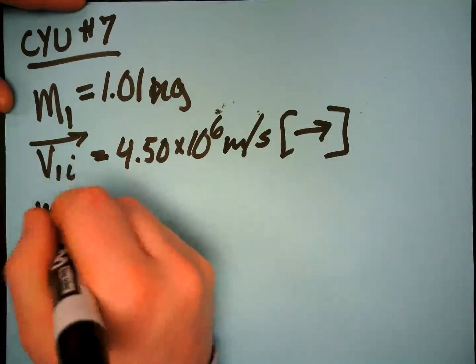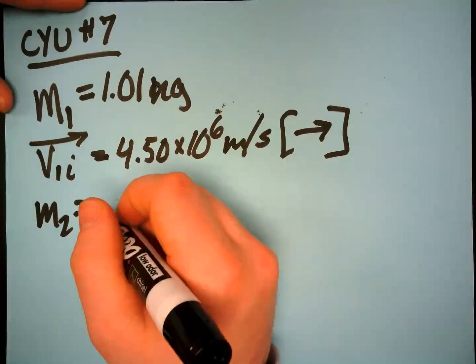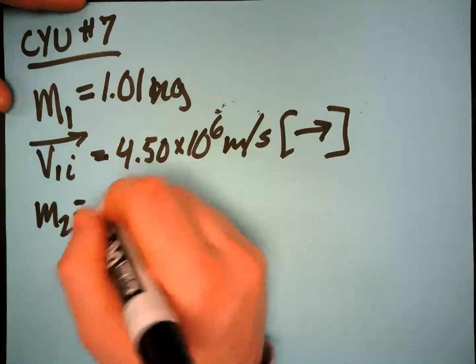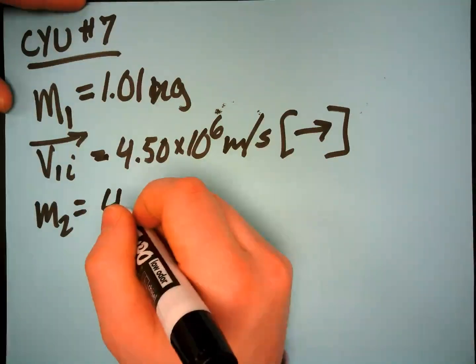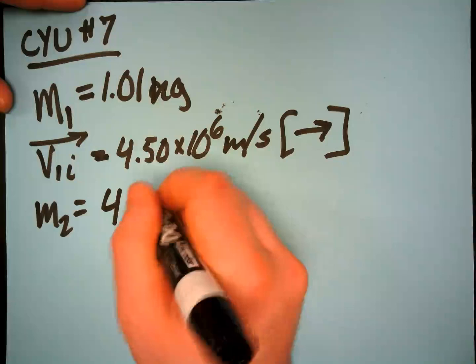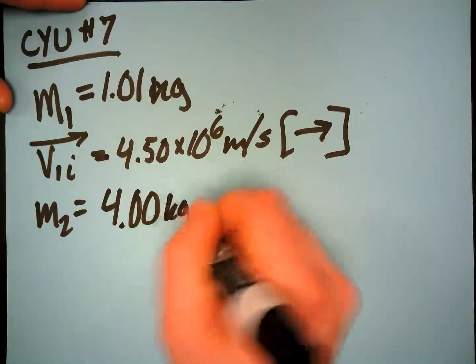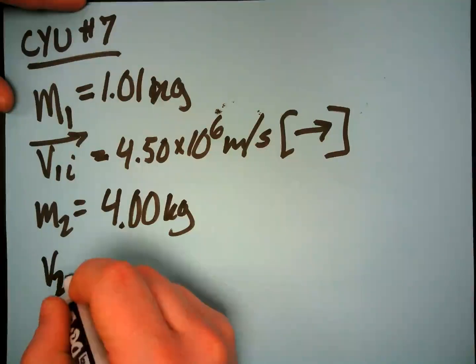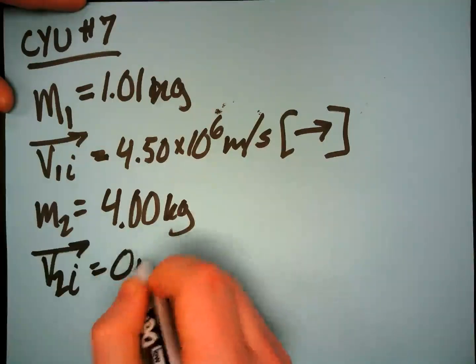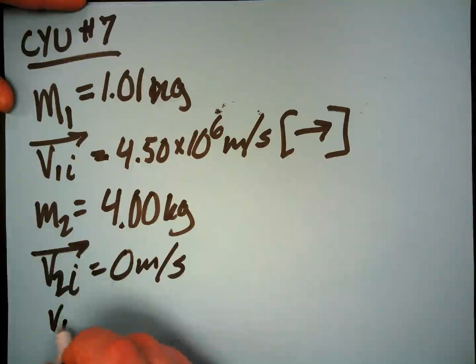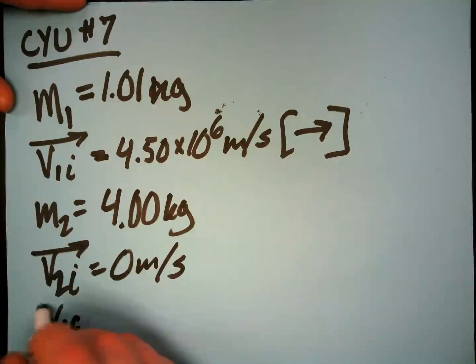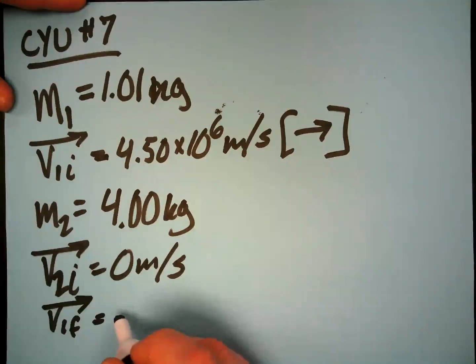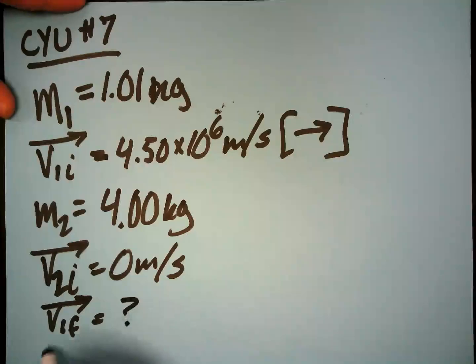And the mass of our second, specifically our nucleus here, our helium atom, is 4 kilograms, which is at rest. So we're trying to find, like we've been doing, the final velocity of our first atom, the proton here, and then the final velocity of our helium atom.